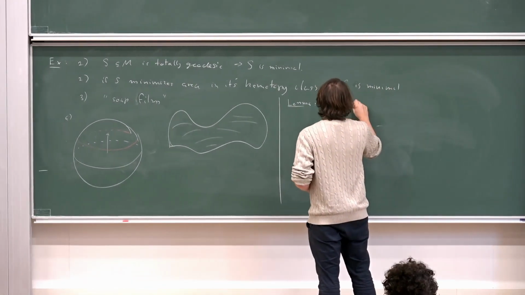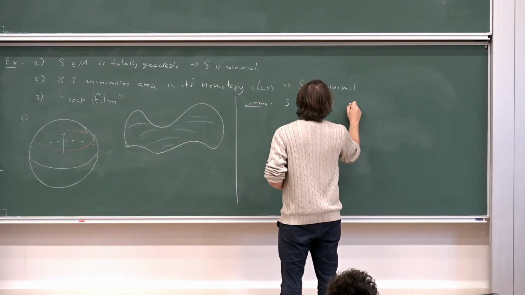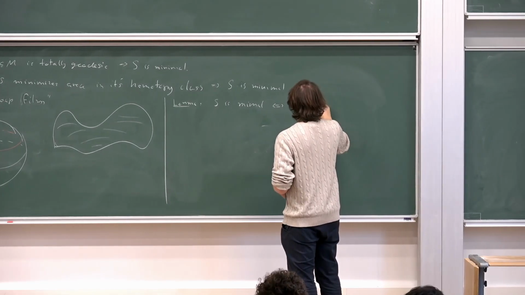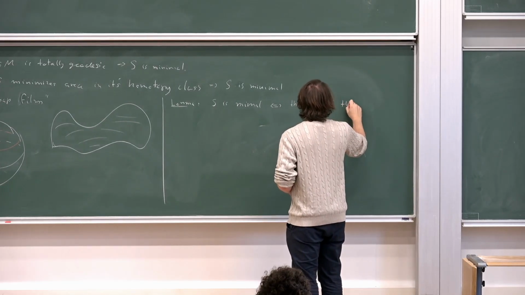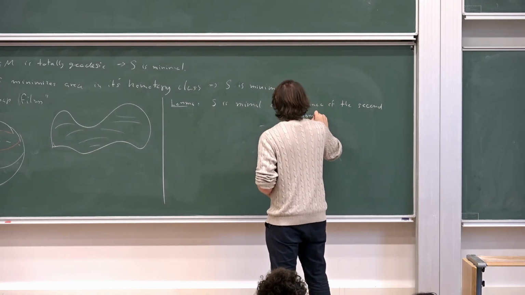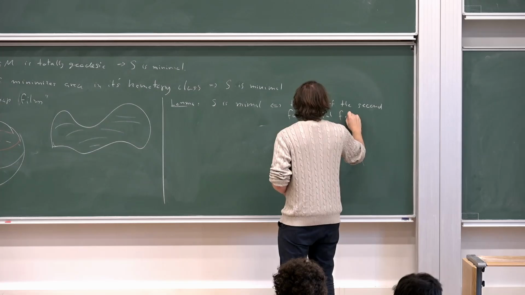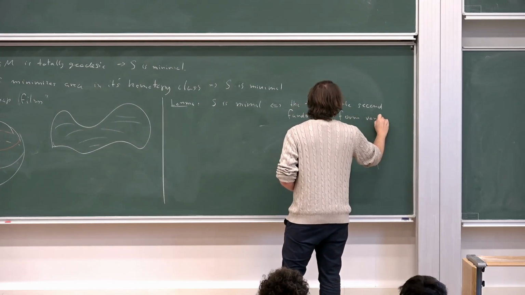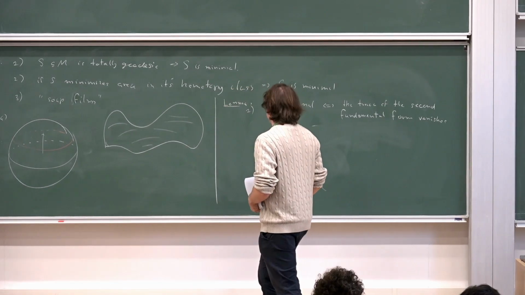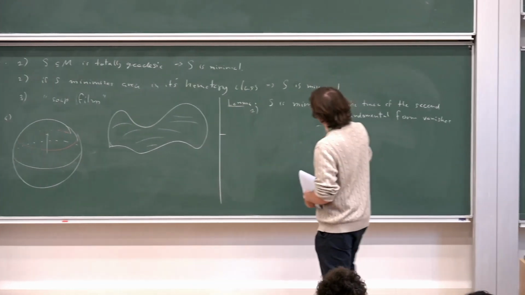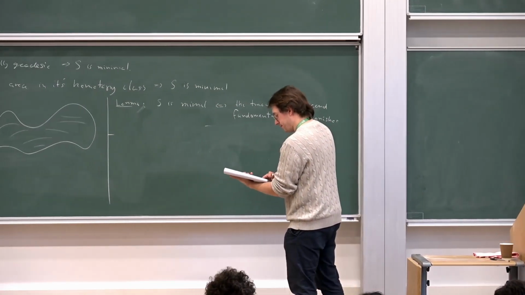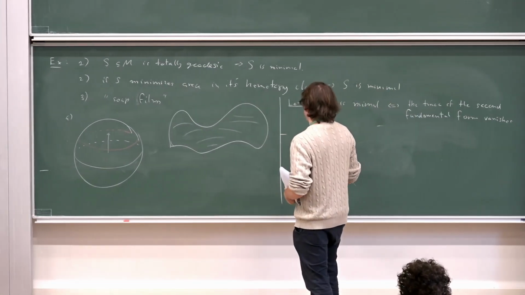S is minimal if and only if the trace of the second fundamental form vanishes. This is our first characterization. And the second, well, this is enough, but we need something which will be easier to use, and this is the first variation formula.